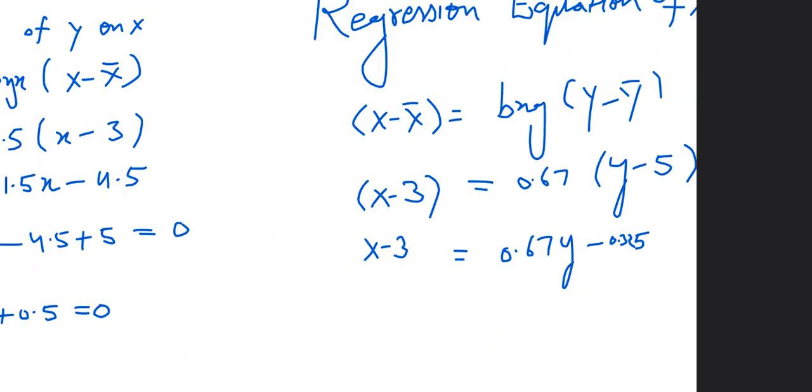So x minus 3 is equal to 0.67y minus 3.34 by rounding off.